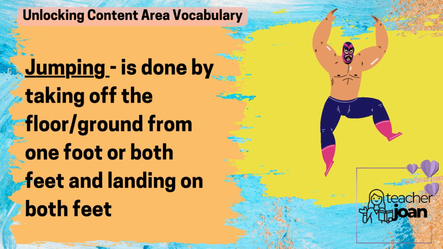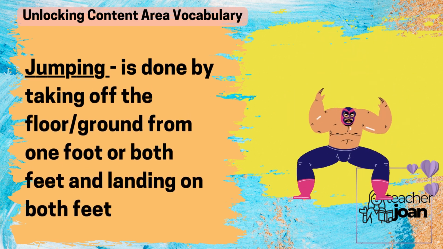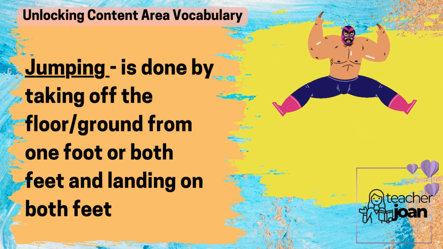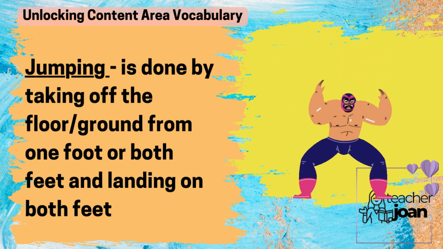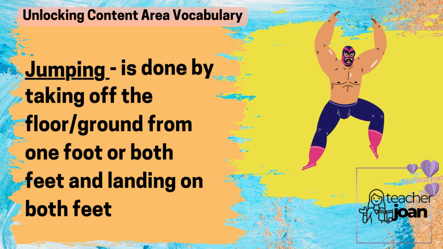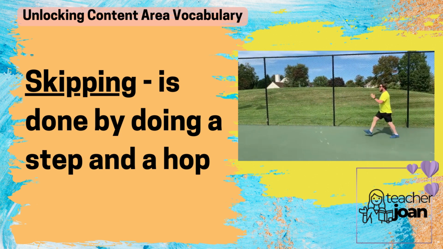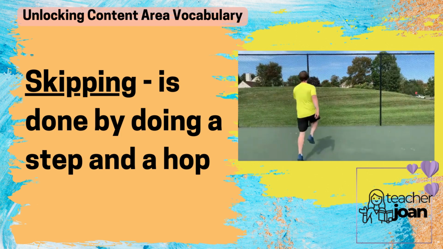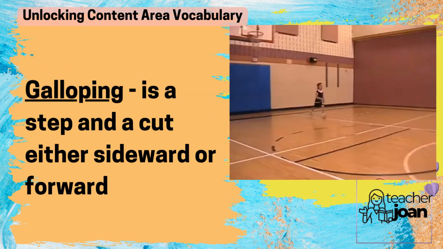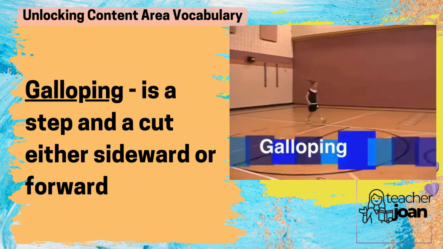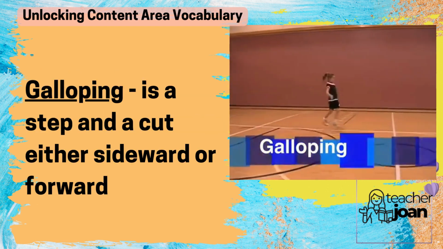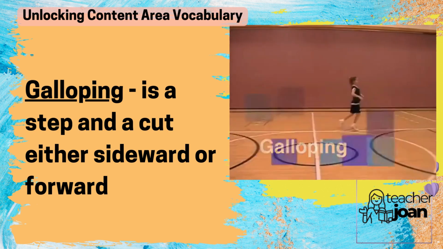Jumping is done by taking off the floor or ground from one foot or both feet and landing on both feet. Skipping is done by doing a step and a hop. Galloping is a step and a cut, either sideward or forward.